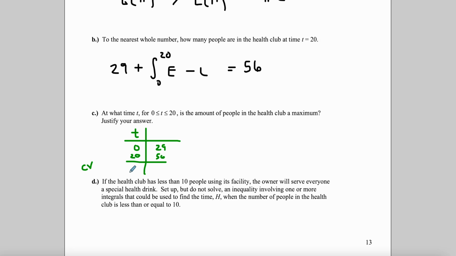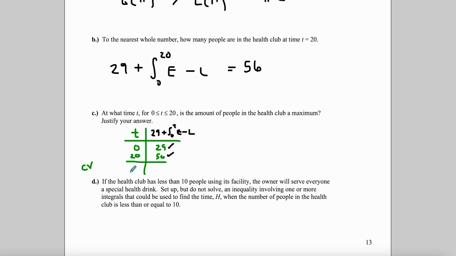Critical values are when the derivative of our function is 0. Now I want to remind you that this part of the table is coming from that 29 plus the integral 0 to t of E minus L. So we're going to be plugging in these numbers to this expression. That's why it's 29 and we already did the work for 56.